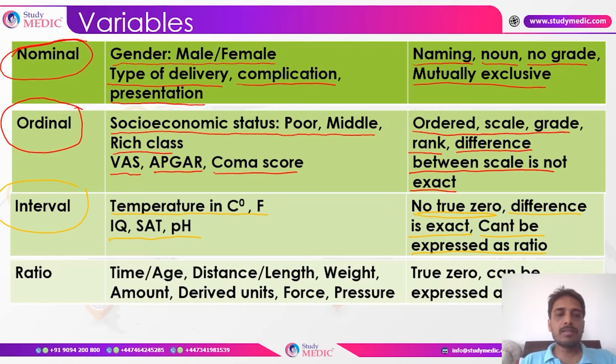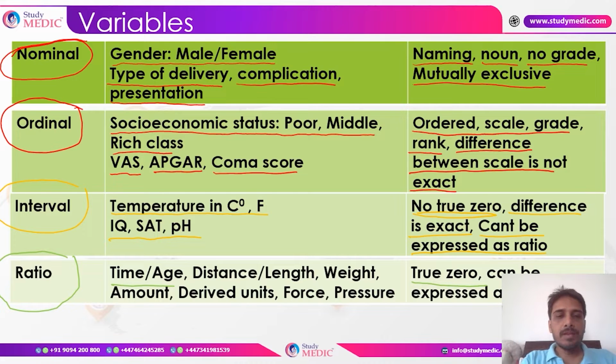The other scale, or the highest scale of measurement of a numerical variable, is the ratio scale. For example, age. You can see that for this there is a true zero, and it can be expressed as a ratio. A person who is aged 50 years is twice as old compared to a person who is aged 25 years.